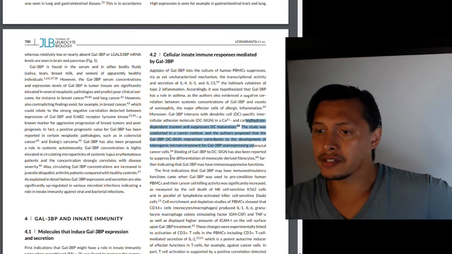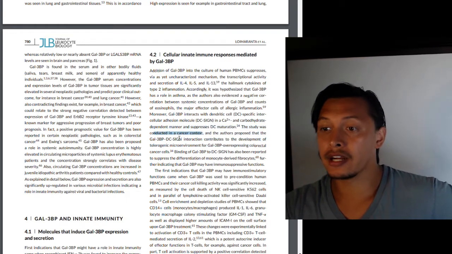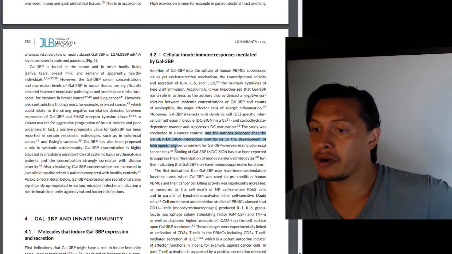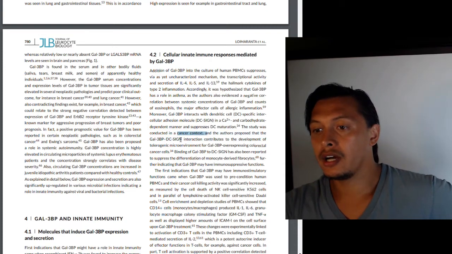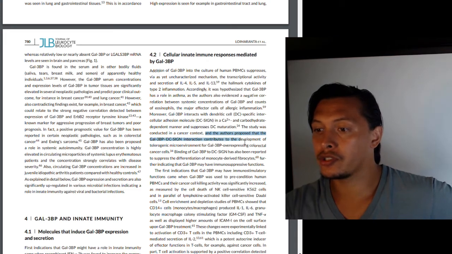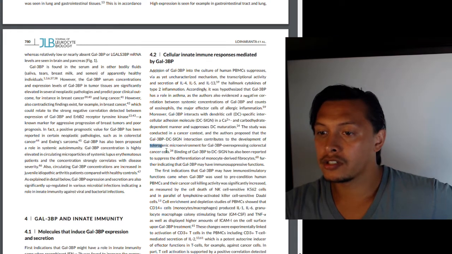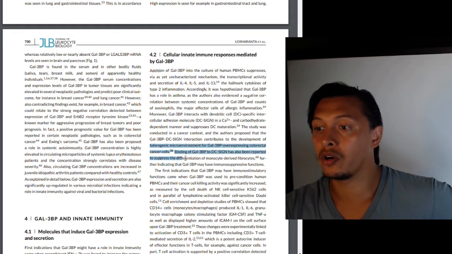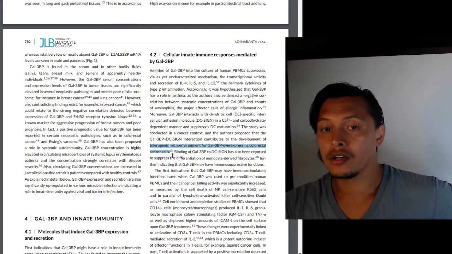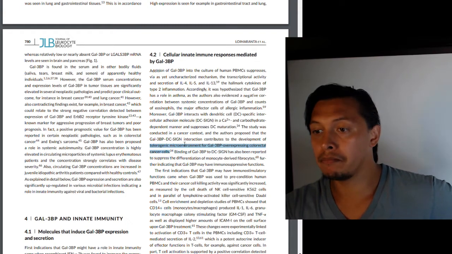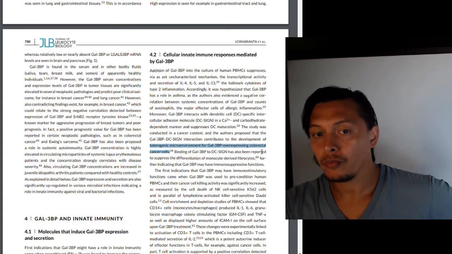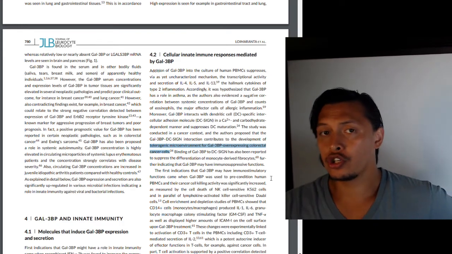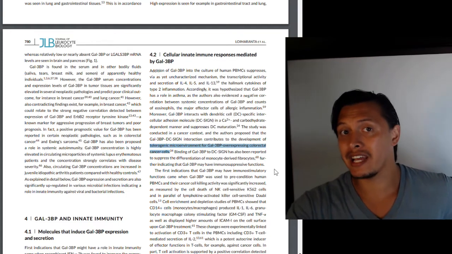Interesting. So the study was conducted in a cancer context, and the authors proposed that the Gal3 binding protein and DC-SIGN interaction contributes to the development of tolerogenic microenvironments for galectin-3 binding protein overexpressing colorectal cancer cells. So this might theoretically be a way for the cancer cells to suppress the immune system in that area.